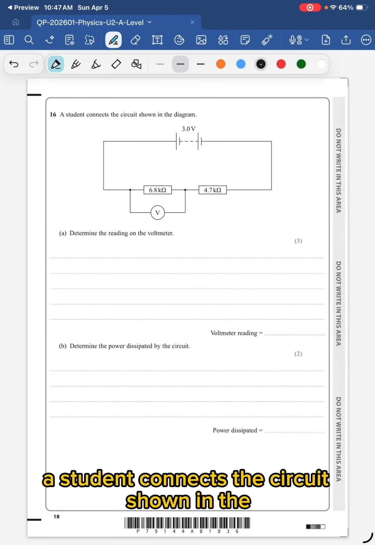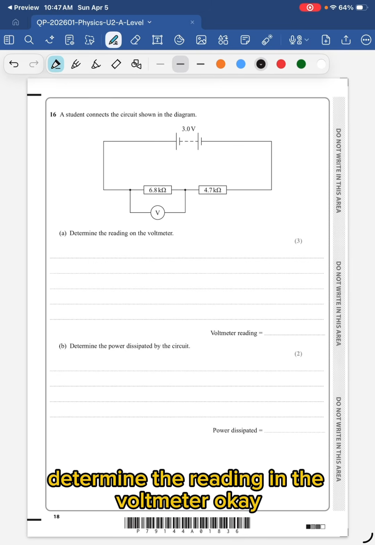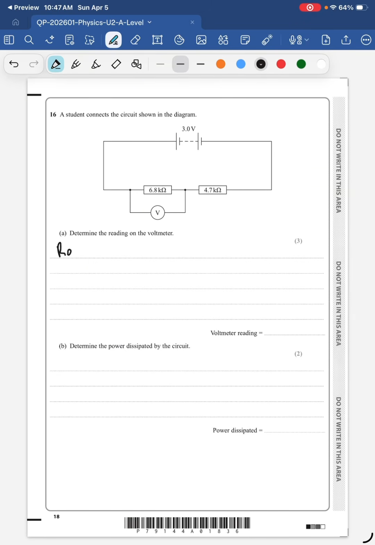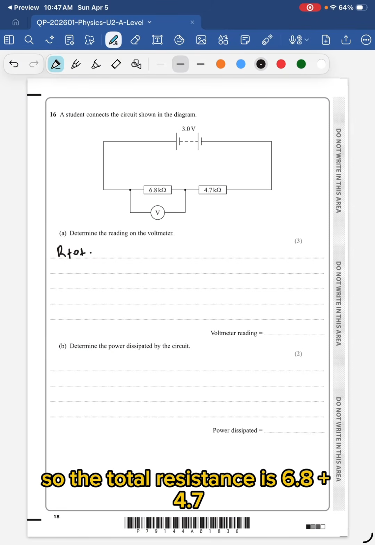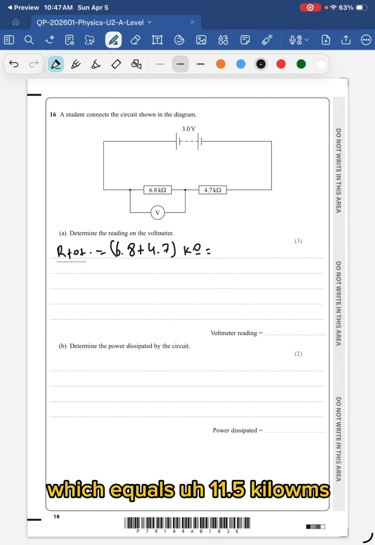Question 16. A student connects the circuit shown in this diagram. Okay, we have 3 volts power supply and 2 resistors in series. Determine the reading in the voltmeter. Okay, so let's find the total resistance. So we can find the current first. So the total resistance is 6.8 plus 4.7, and that's kilo ohms, which yields 11.5 kilo ohms.